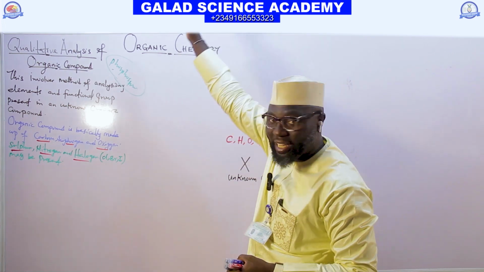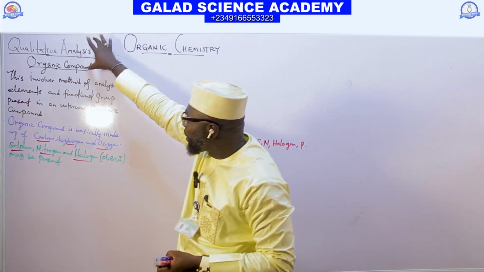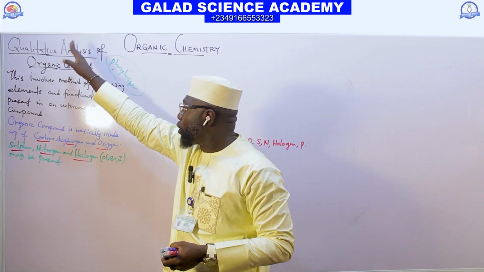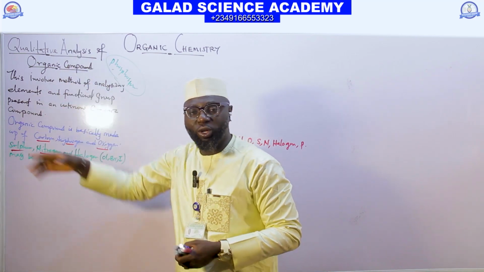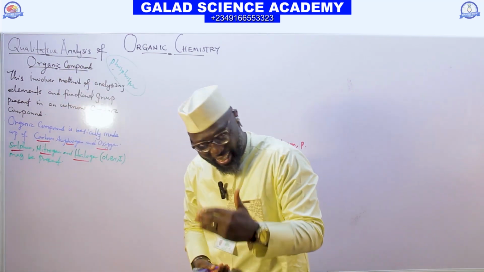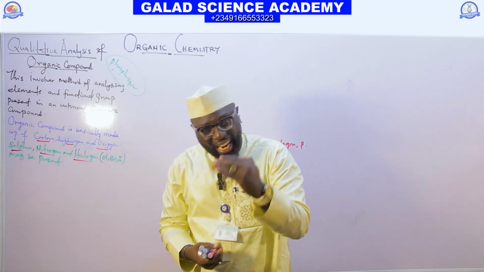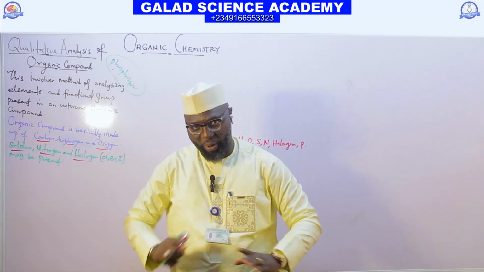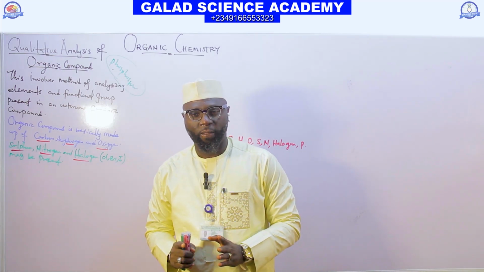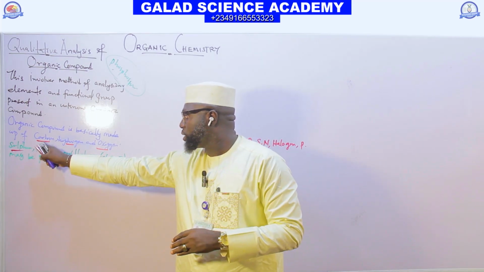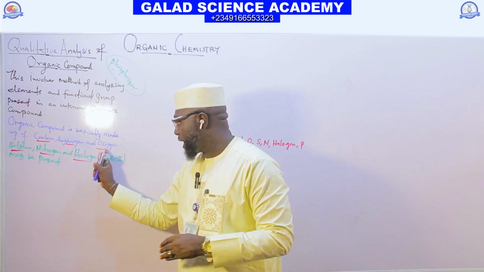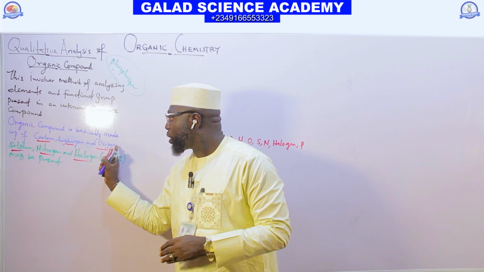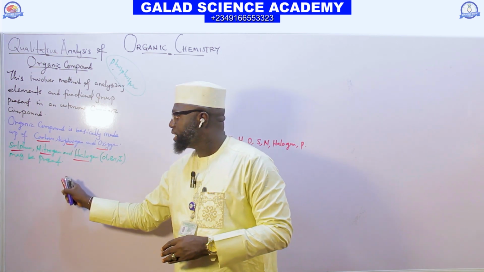So, like I said earlier, our major interest in this topic, the qualitative analysis of organic compound, is that we want to analyze the elements that we have inside the organic compound. The elements may be these two, three, they may be constantly present.